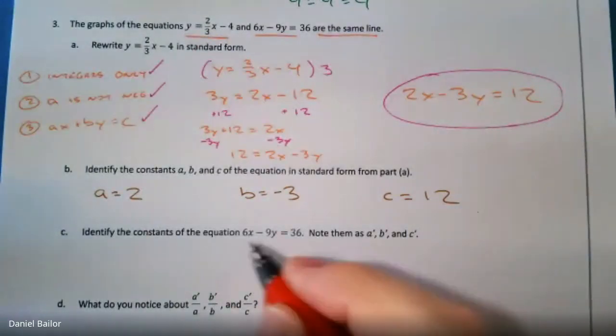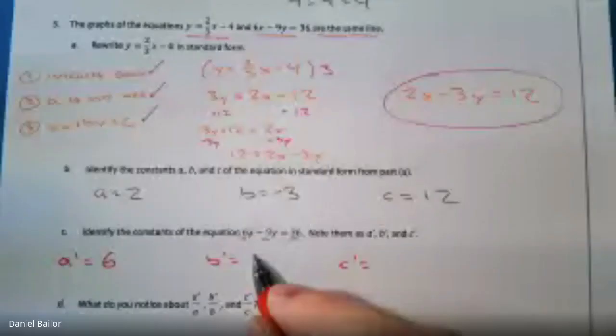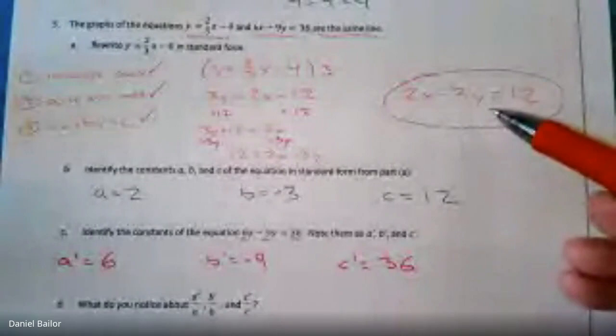Next step, identify the constants in this equation. A prime goes with X, so that's 6. B is 36. So I have my constants for the equation I made.